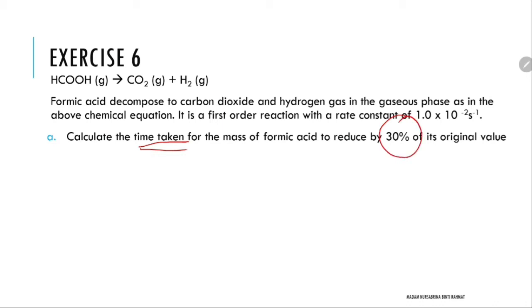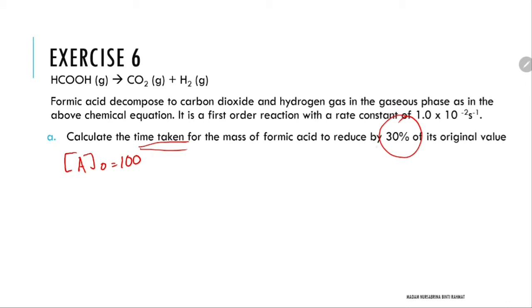Since they don't give you the original concentration in molar, we're going to use the concept of percentage to solve this problem. 30% to reduce means we consider the original concentration to be 100%. So A naught equals 100, ignoring the percentage symbol.